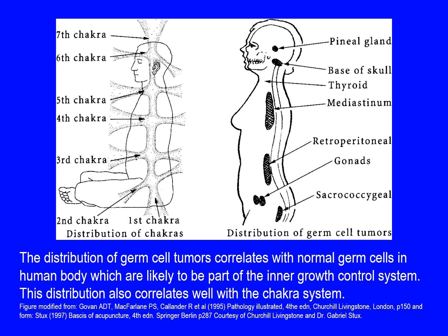So this suggests that the major chakras may be the central part, the least differentiated part of the growth control system, while the meridians and the acupuncture points are more at the periphery of the growth control system and are more differentiated in terms of stem cells. And the two share a common biological basis.